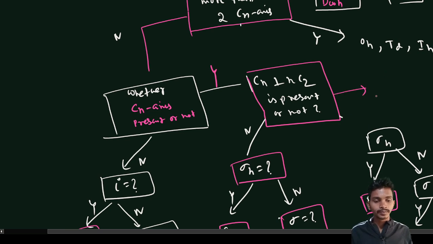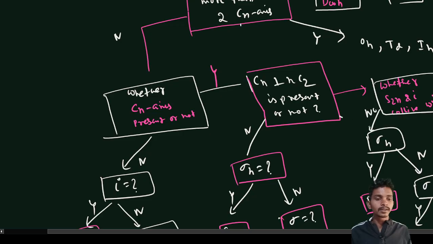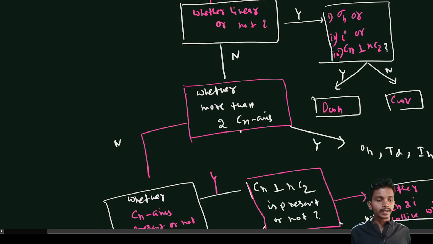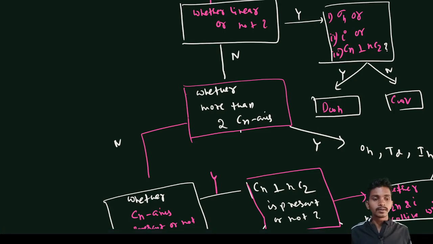Here I will ask whether S2N and I are collinear with CN or not. These questions I will ask. If no, then this, and if this is yes, then that is S2N. That is, sorry, SN groups.